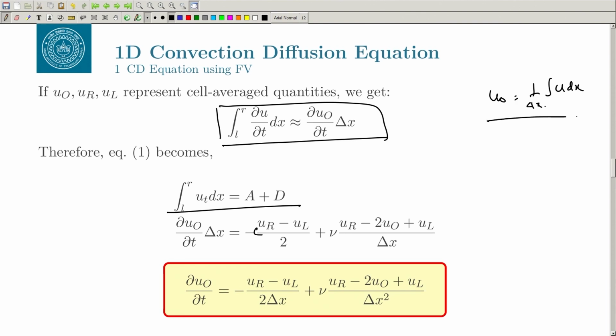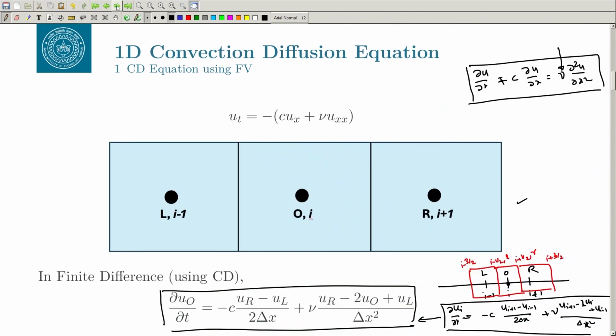So, if you use this relation, then you can basically take the del by del t out, and this becomes del u naught by dt and delta x and minus c u r minus u l by 2 and plus this is what we got, and finally, if you arrange it properly, it will become like this, right. You can see and you can go back and compare this with the finite difference expression.